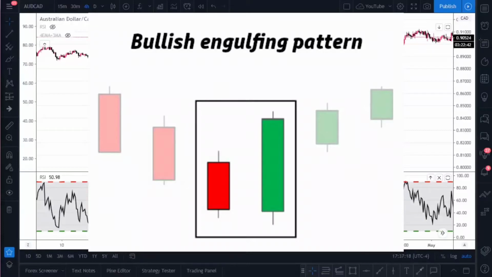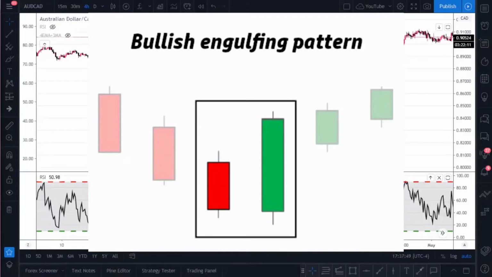Traders can then look for confirmation that the trend is really changing direction. This can be done by using indicators, key price levels, and price action, and that's all things that come after these two candles show up, okay? After the engulfing candle pattern.